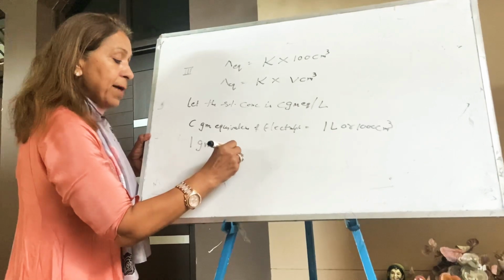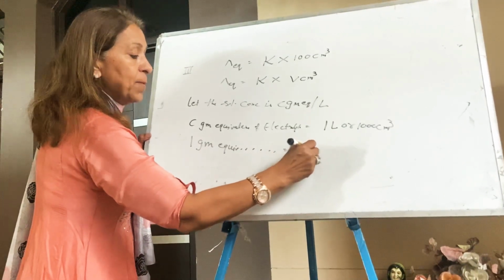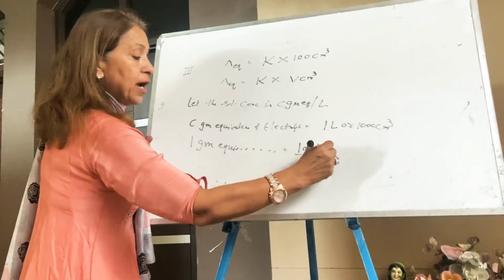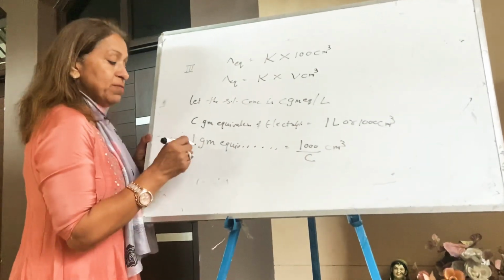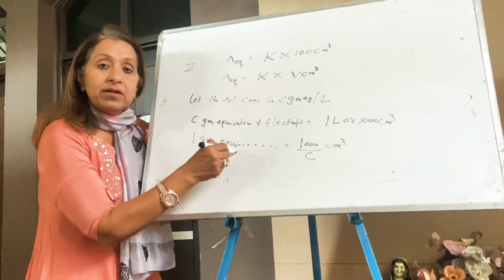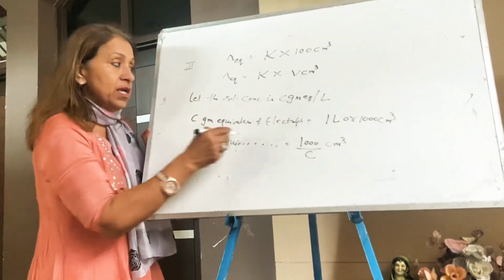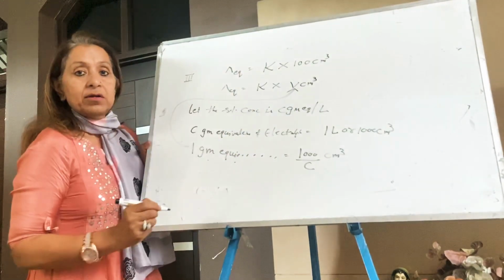Then 1 gram equivalent of electrolyte will be present in 1000 by C centimeter cube. This means your 1 gram equivalent is always present in 1000 by C. Put it here, my dear students.